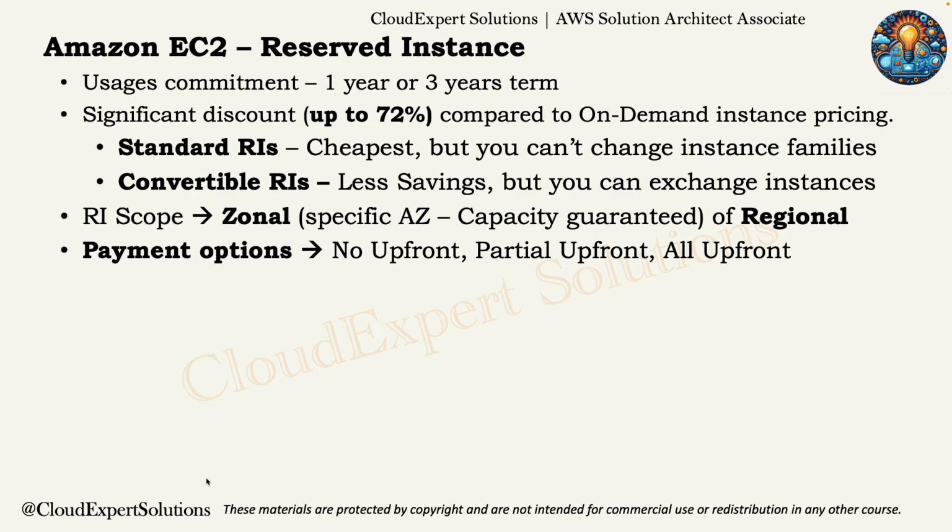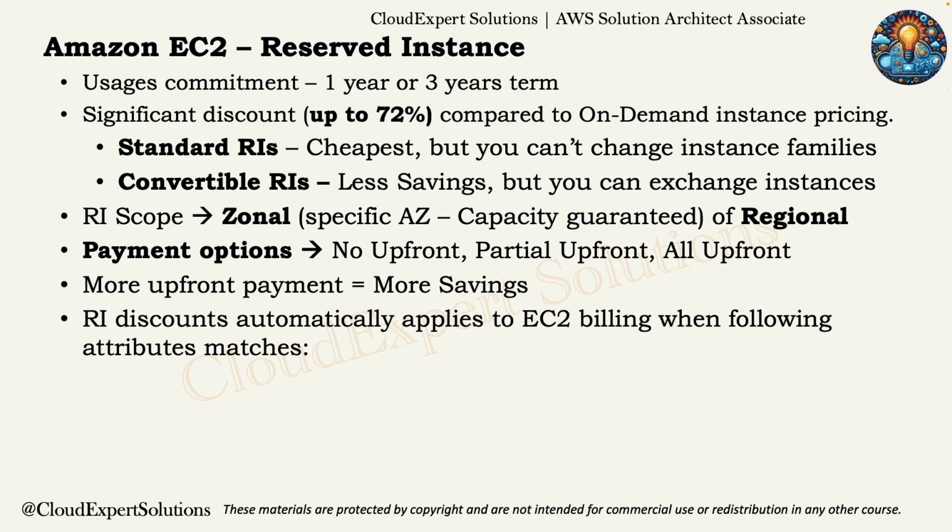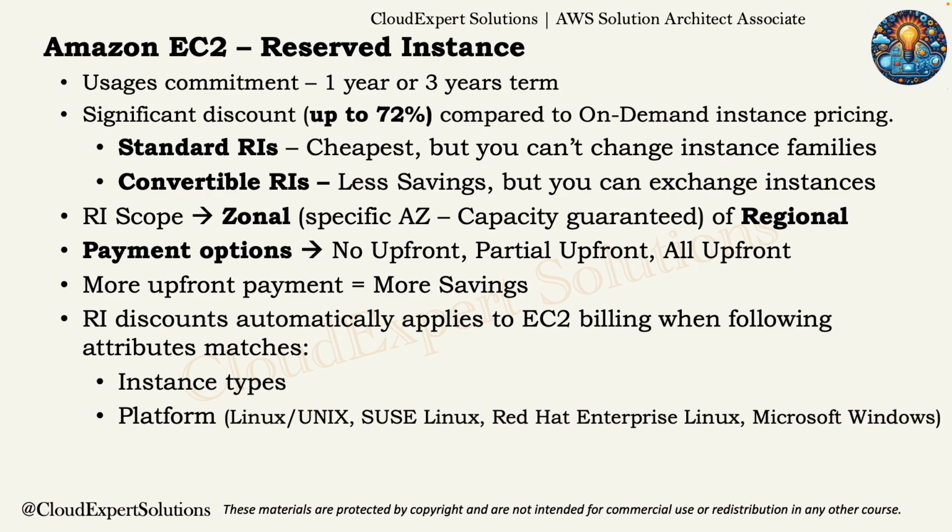AWS offers 3 upfront payment options, and you can pay either all upfront, partial upfront, or no upfront. Please remember, the more upfront payment you provide, the more savings you will have. AWS billing automatically applies your reserve instance discounted rate when attributes of an EC2 instance usage match the attributes of any of your active reserve instance reservations. The attributes required to be matched are instance type and platform.